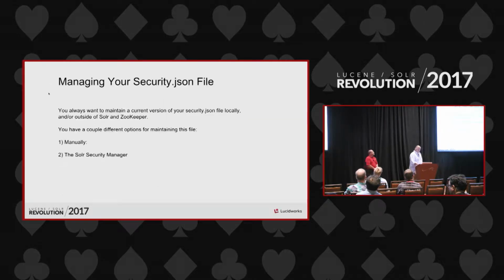As I said, there are two ways you can manage your security JSON file. Manually, in other words, you can edit the JSON yourself, or you can use the Solr Auth Manager, which will take care of it for you. The weird thing about this is once you enable security and start interacting with it with the authorization and authentication APIs, if for some reason you do something wrong, let's say you create a permission that locks you out of the system, the only way to get back in is to use the Zookeeper command line utility and re-upload your security JSON.